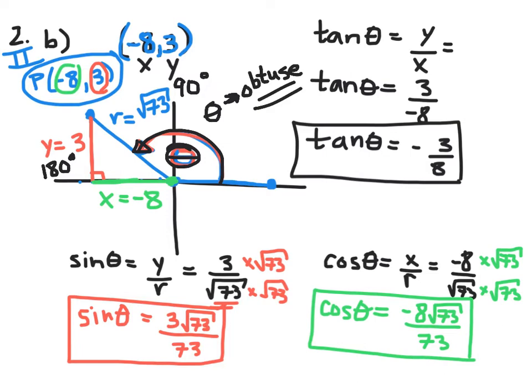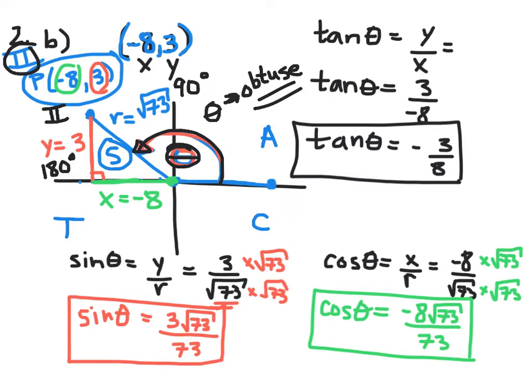Now, also notice that this point is in quadrant 2, like we had mentioned before. In quadrant 2, according to the CAST rule, the only thing that is positive is your sine, which is correct.